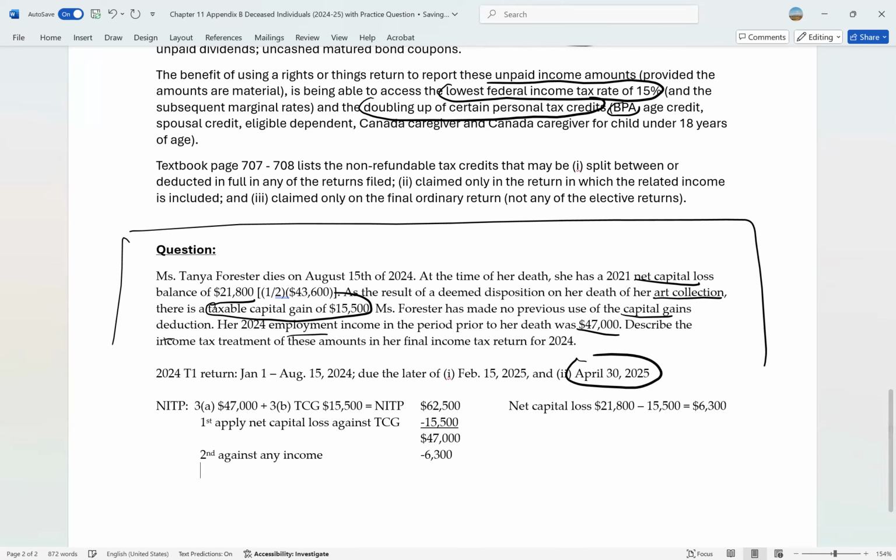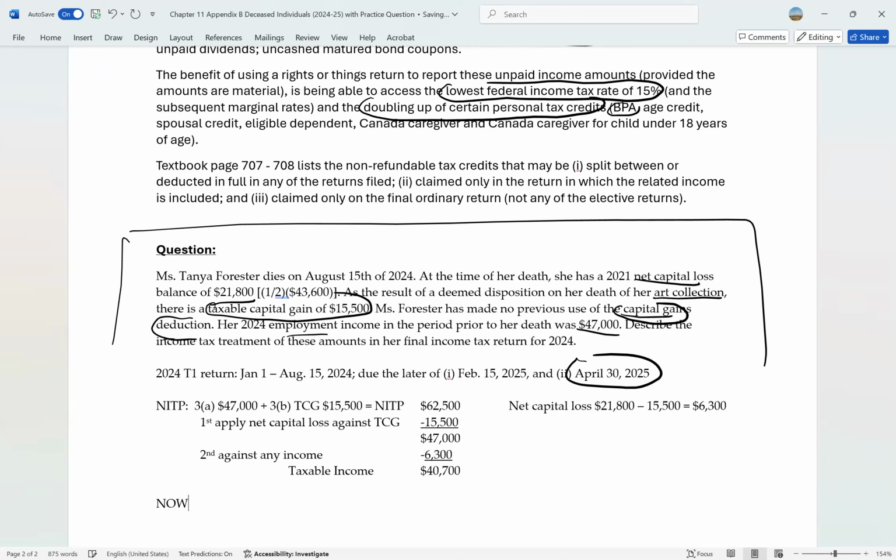And so the taxable income will be 40,700. So this is if she never used up any of this lifetime capital gains deduction. We can use that net capital loss against any type of income. That's pretty straightforward. But let's change the facts a bit.